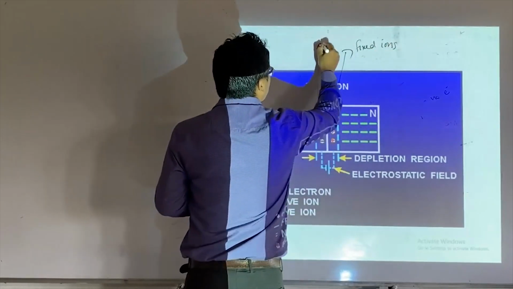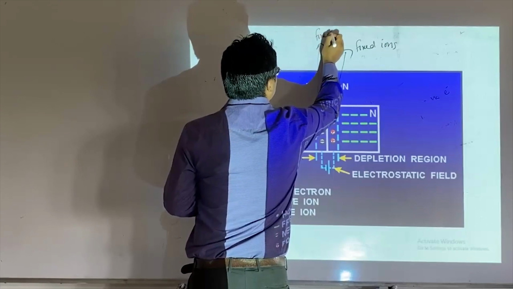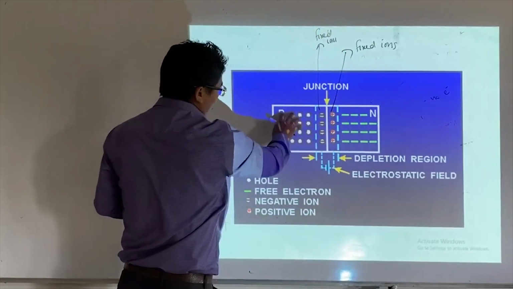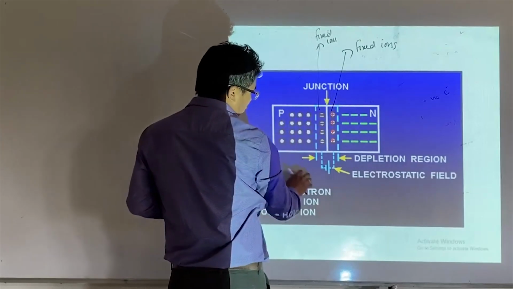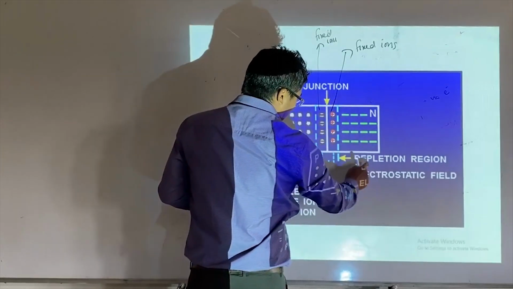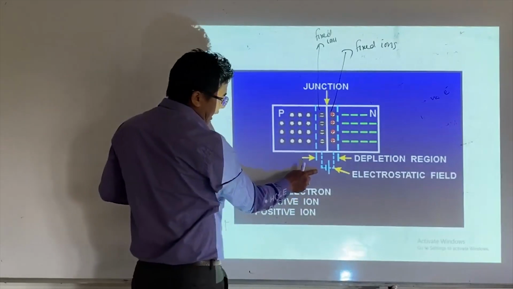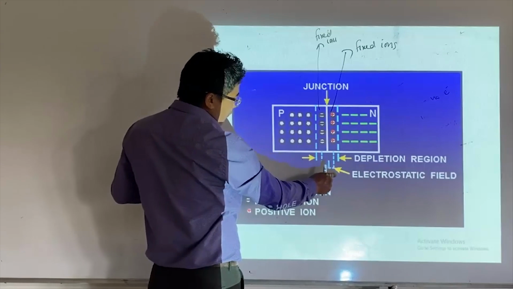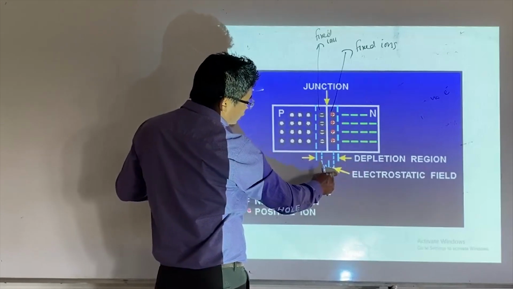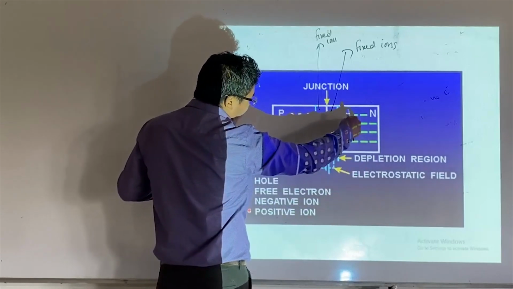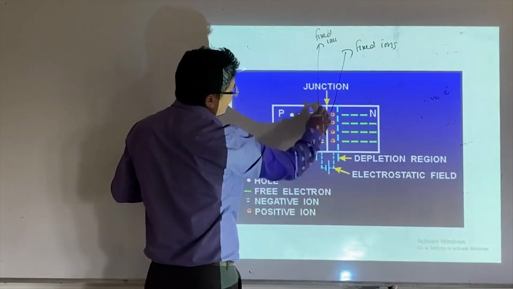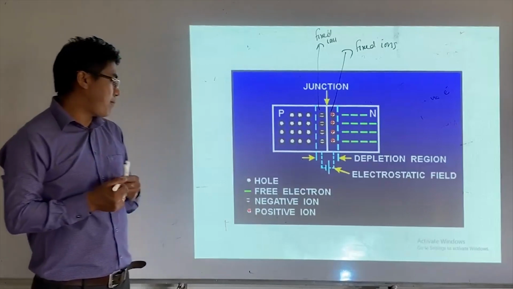This is an electron, and this is a hole, and this is the depletion region, and this depletion region creates an electric field. This electric field, the electrostatic field, will not allow movement of electrons from N to P and holes from P to N, and this creates what we call the potential barrier.